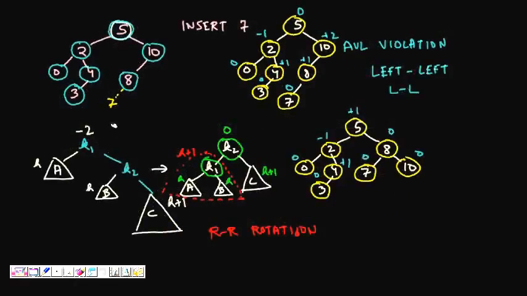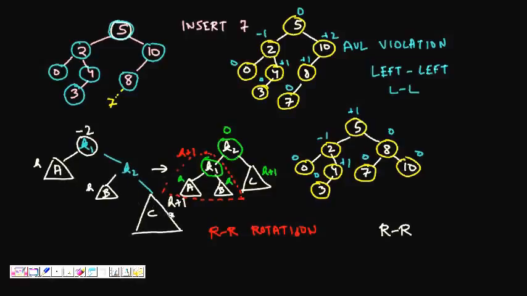Next is the RR single rotation. What is that? We are inserting into the right subtree of the right child of an unbalanced node. K1 here has the problem, it is violating the AVL property, and we see that we are inserting in the right subtree of its right child.